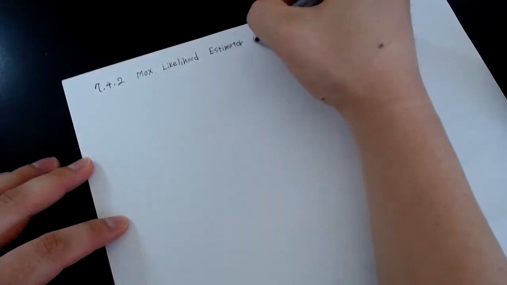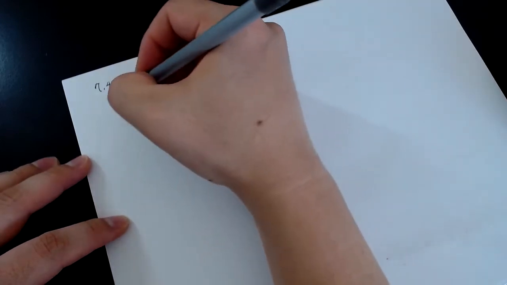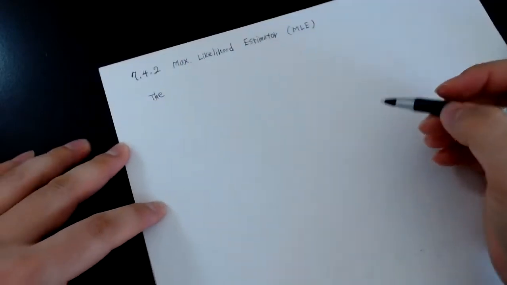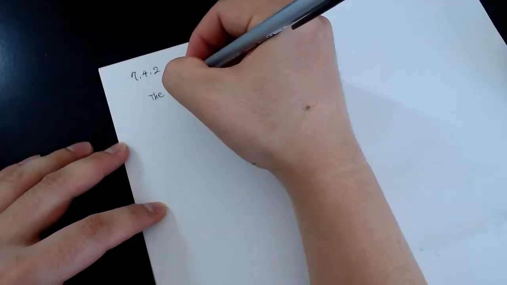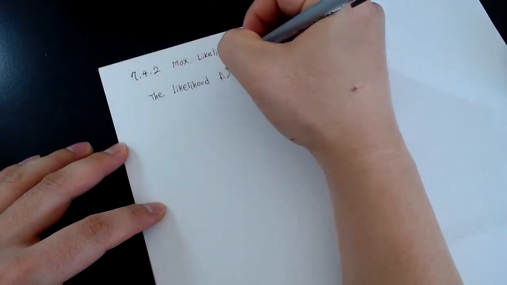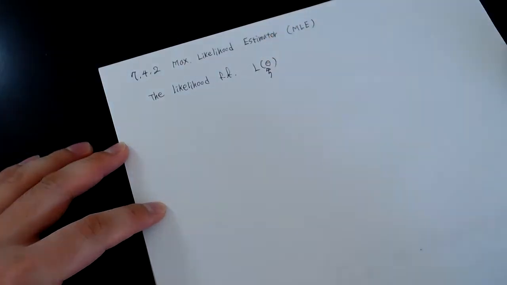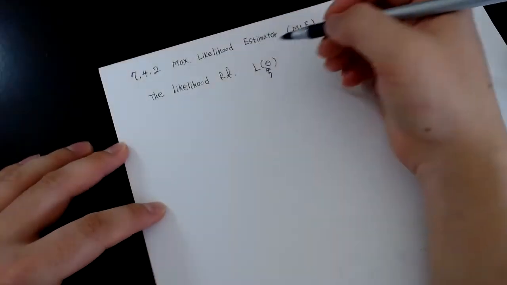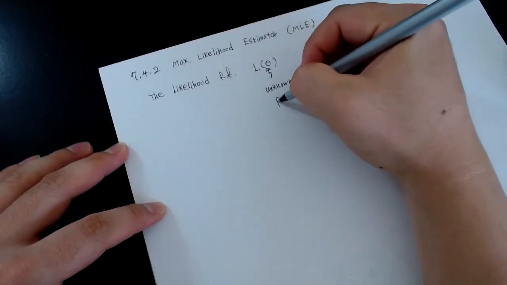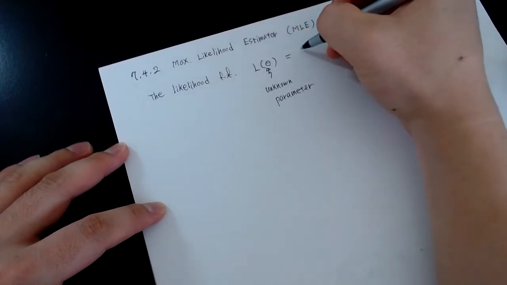All right, so the likelihood function, L of theta, where theta is the unknown population parameter, is defined as the product.